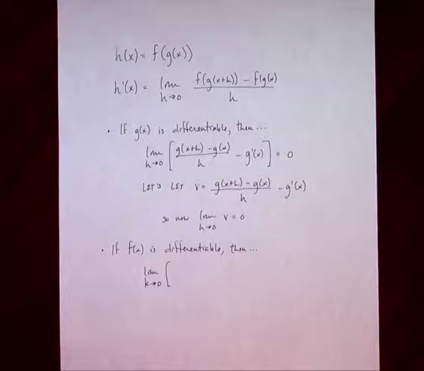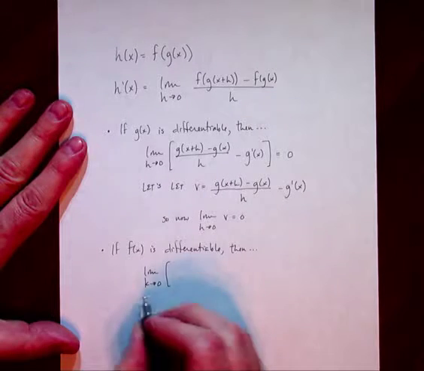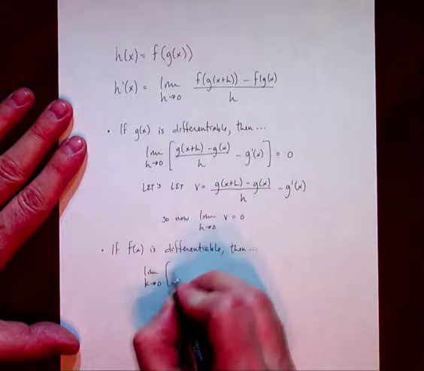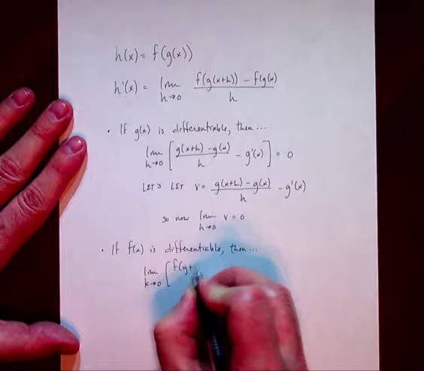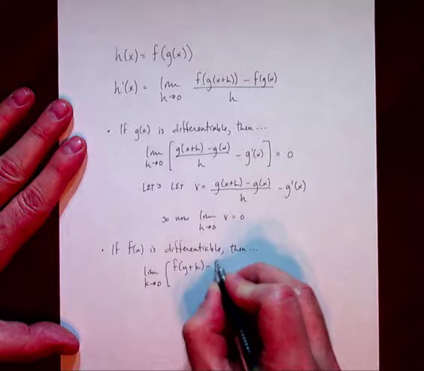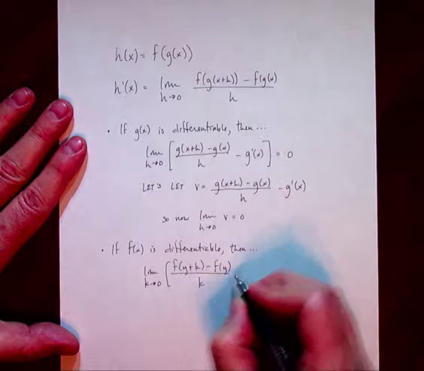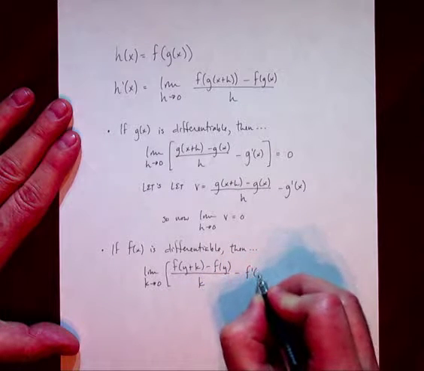The replacement for h is k on this one, and so f of y plus k minus f of y, all of that over k, minus f prime of y.